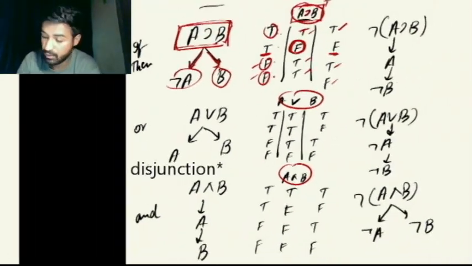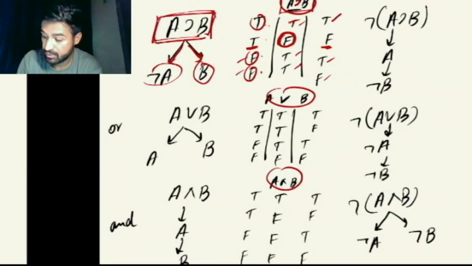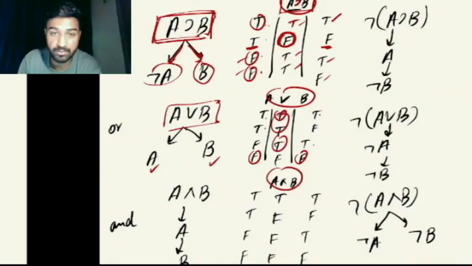Similarly, for or, the disjunction, we can say that when A or B is true, which is true in all the cases until both of them are false, right? This would imply that this thing holds true in all the cases where either A is true or B is true. Where A is true, it is also true. When B is true, this is also true, right?